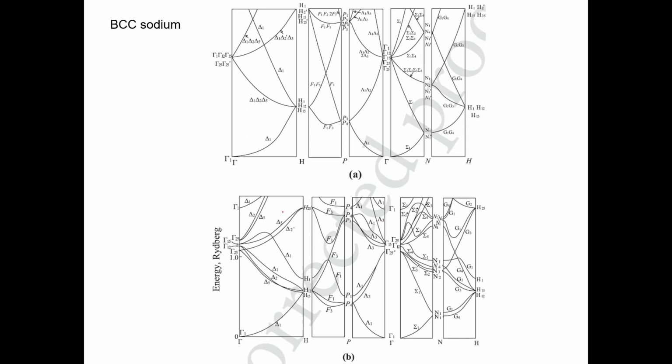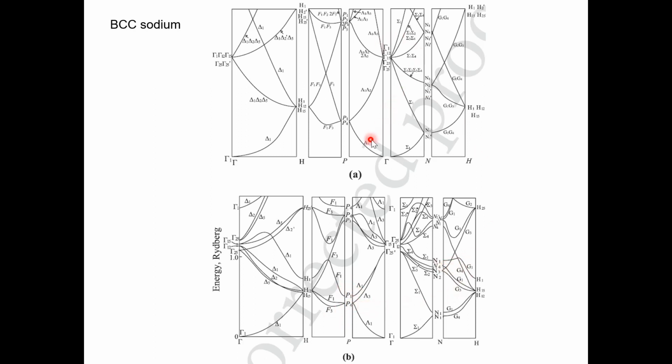This is to compare the band structure of BCC sodium in the empty lattice approximation. These are the upper plots. So these are the empty lattice approximation, and you see all these degeneracies here. And in this case, we show plots showing the real calculations, in which one sees how the degeneracies are broken according to the different symmetries, different high symmetry points and high symmetry lines in the Brillouin zone.